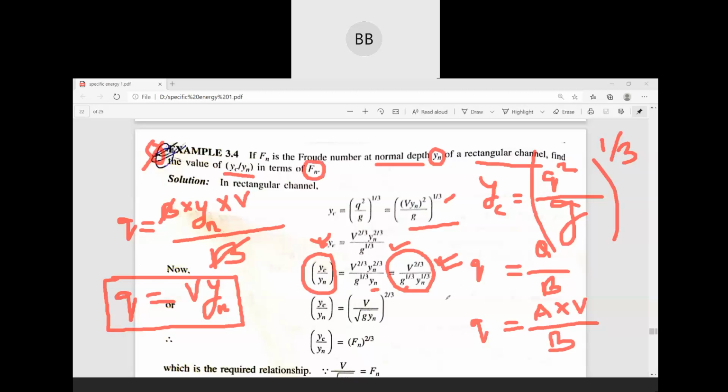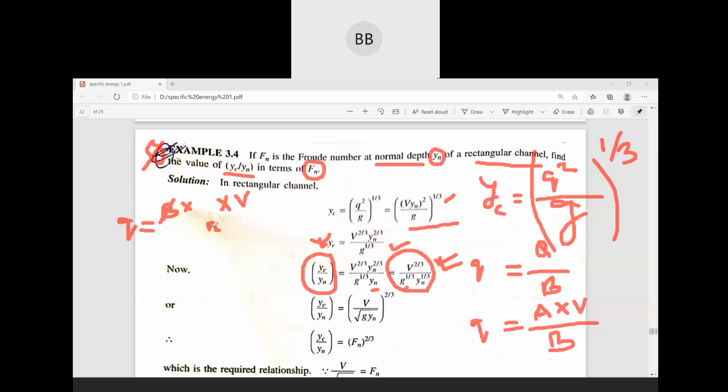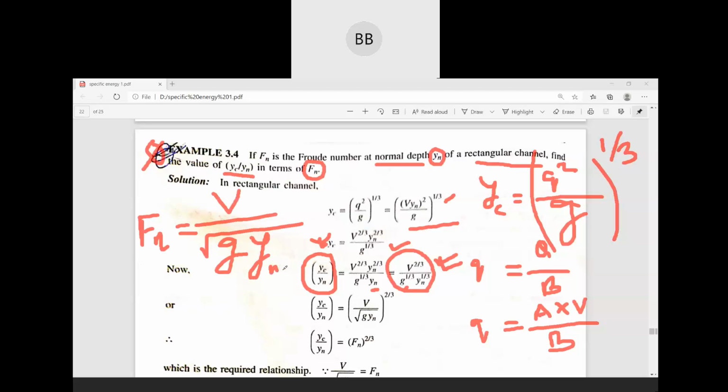So we need to bring that Froude number here. You all know the Froude number is V by root over g yn for a rectangular channel.